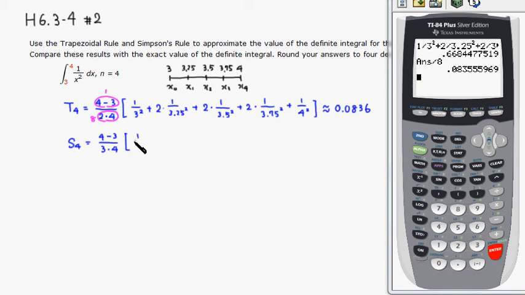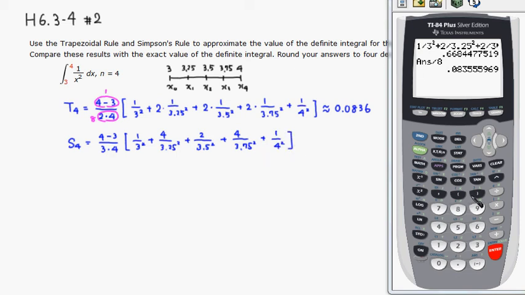So it's 1 over 3 squared, plus 4 times 1 over 3.25 squared, plus 2 over 3.5 squared, plus 4 over 3.75 squared. The last one is just 1 over 4 squared.